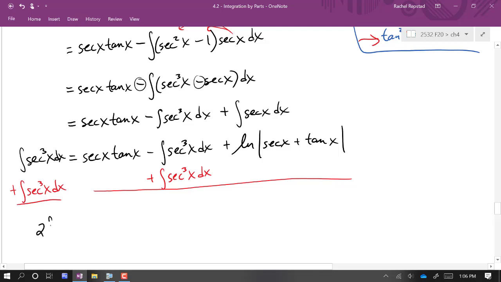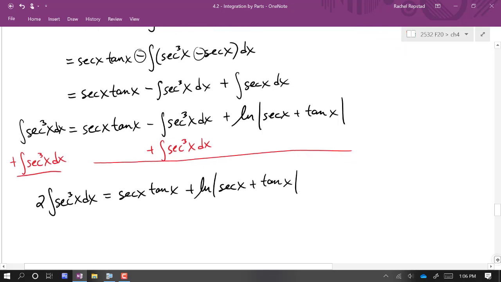So now we have 2 integral secant cubed x dx is equal to secant x tan x plus ln of absolute secant x plus tan x.